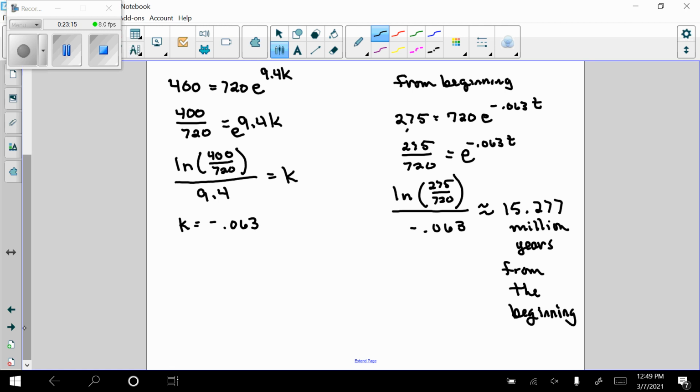If it would have asked for how long will it take from today, the process is exactly the same, except you're going to start with your 400.